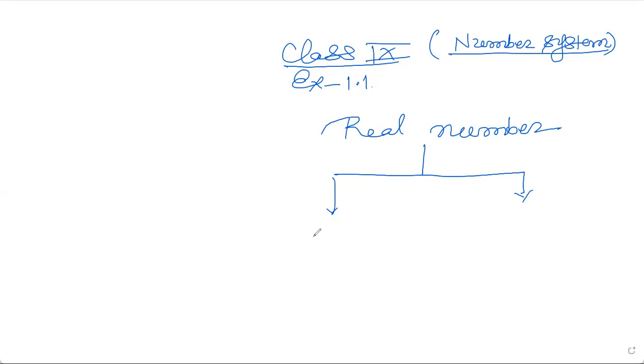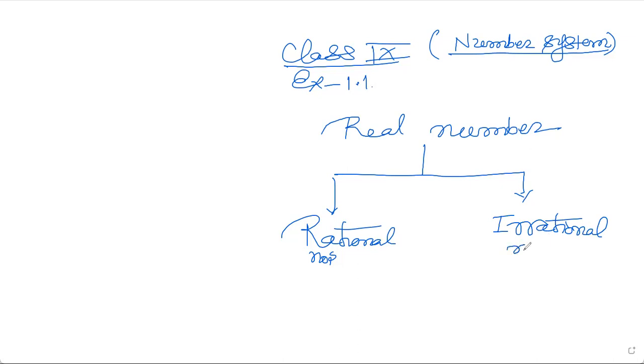It is rational numbers. I have told you rational numbers are those which can be expressed in the form of p by q, where p and q both belong to integer and q should not be equal to 0. And another is irrational number. I have already given you some details about this in my previous lecture.